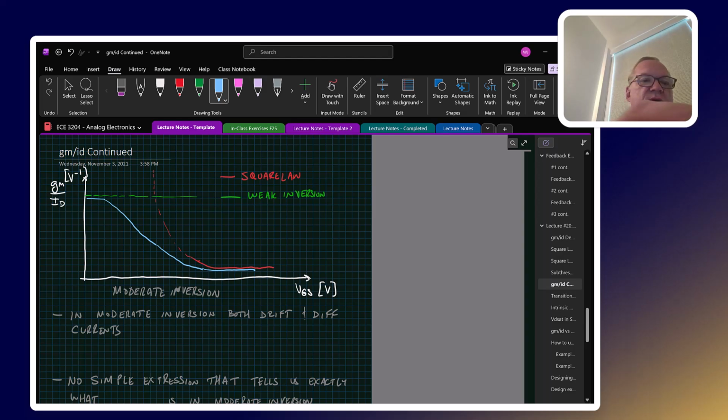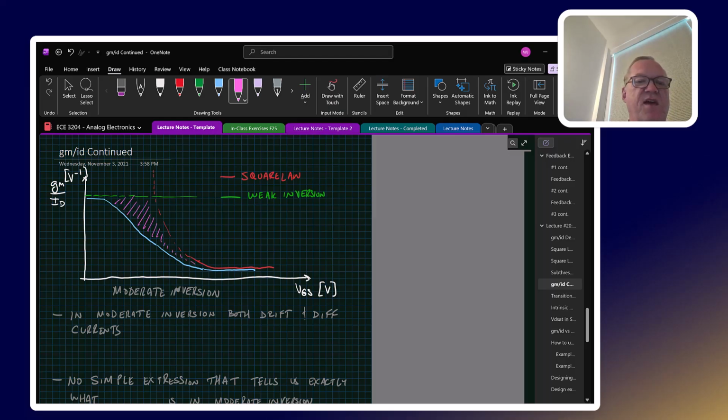So really what we need to figure out is what is the behavior in this region where we aren't behaving like we're in weak inversion and we aren't behaving like a square law device, in other words, in strong inversion. What's happening in moderate inversion?